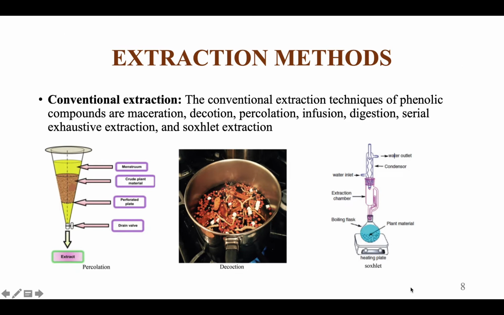And thirdly, we will mention the conventional extraction. The conventional extraction techniques of phenolic compounds are maceration, decoction, percolation, infusion, and so on. We have three pictures to describe three techniques: percolation, decoction, and Soxhlet.